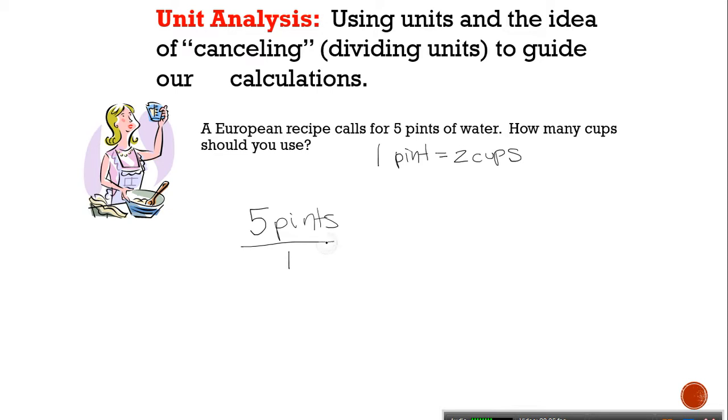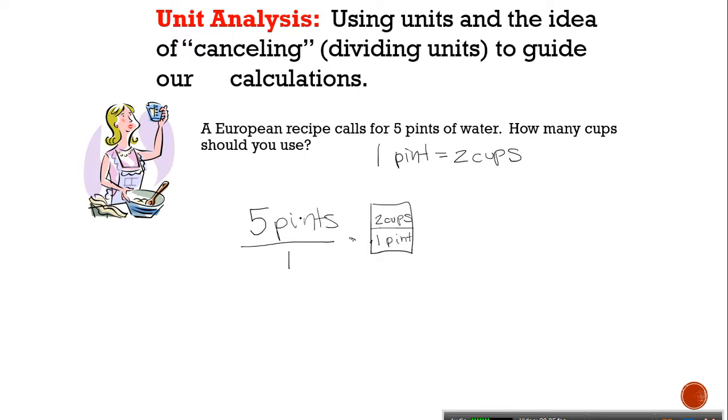So now what I need to do is multiply that by a fancy form of 1. So that's going to go right here, my fancy form of 1. I said I have pints. I have 1 pint equals 2 cups. So since pints is in the numerator over here, I'm going to put my 1 pint on the bottom. And then 1 pint equals 2 cups. What's really cool about this is why I put pints right here.